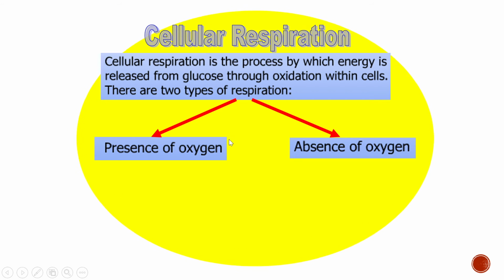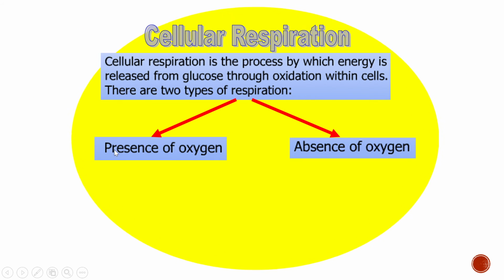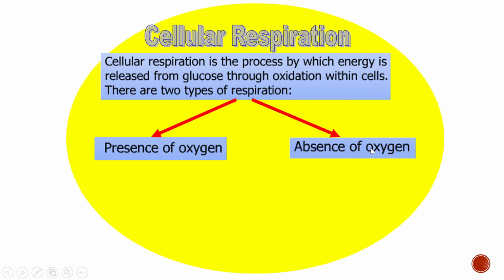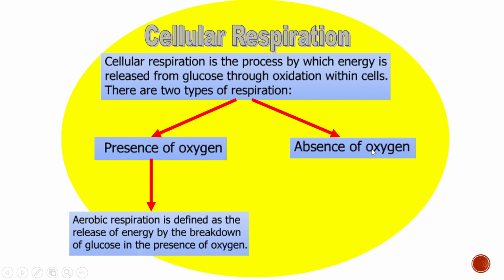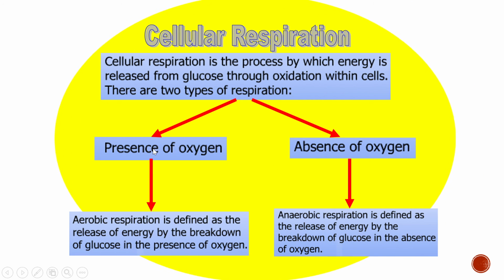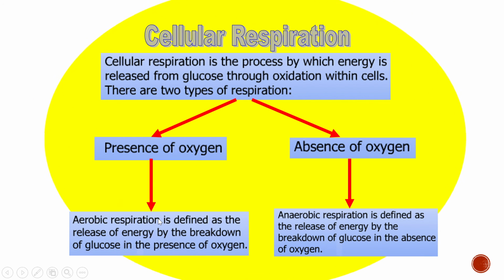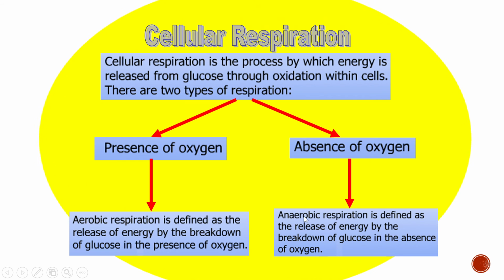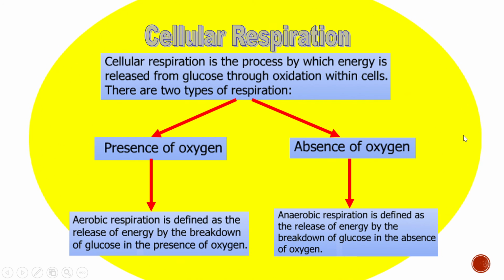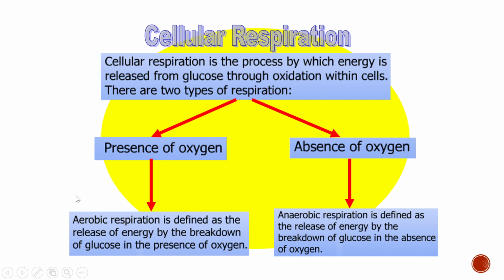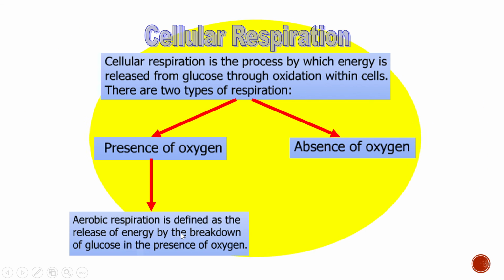And there are two types, in the presence or in the absence of oxygen. If it is in the presence of oxygen, we call it aerobic respiration. In the absence, we call it anaerobic respiration, but we are not going to look at this. Instead we'll be focusing on aerobic respiration and fermentation.